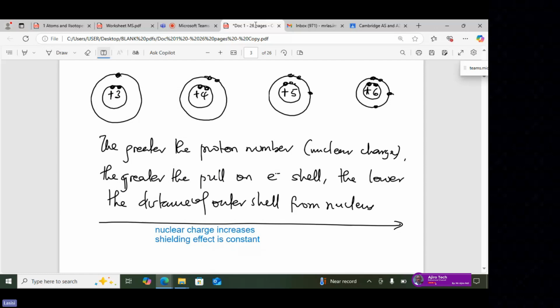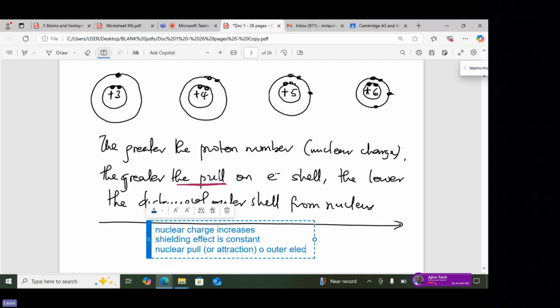So point 2. I say number 1, nuclear charge increases. Number 2, shielding effect is constant. Number 3, nuclear pull or attraction on the outer electron shell does what?